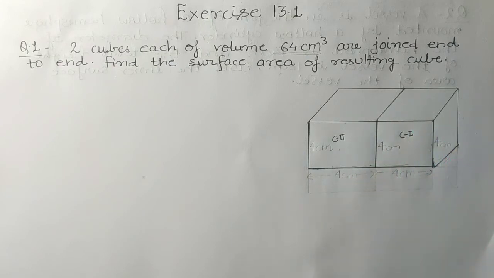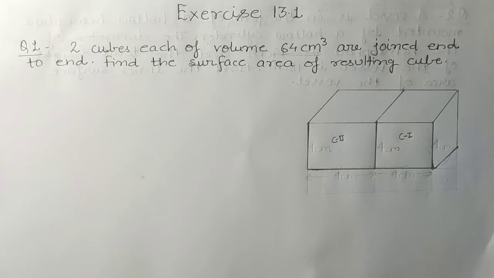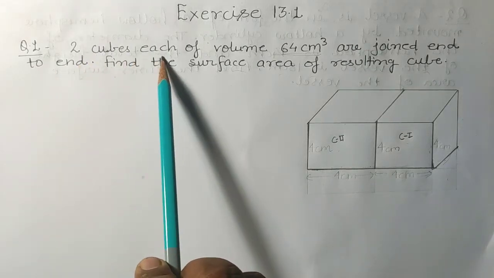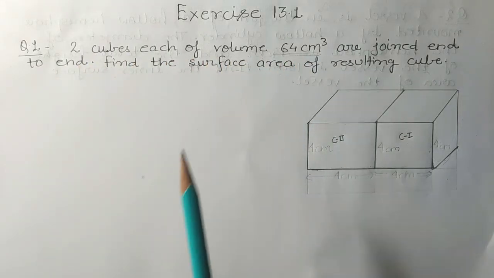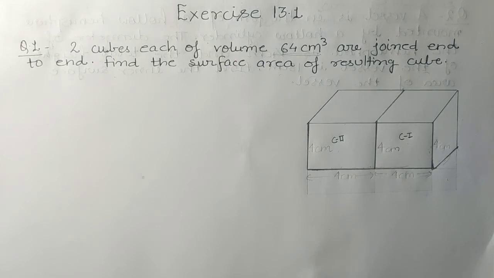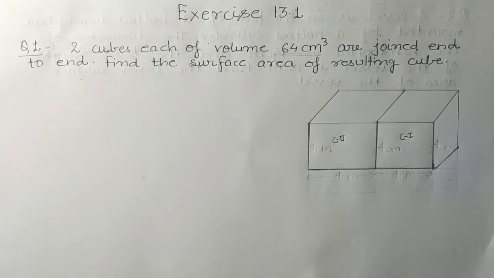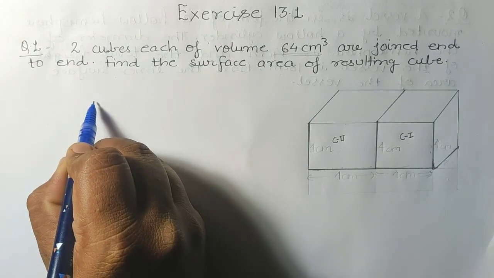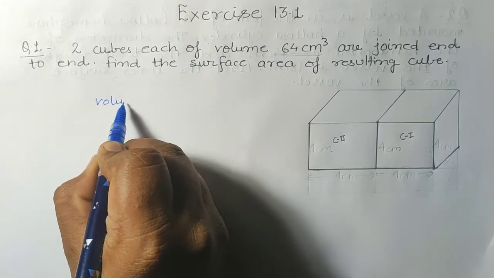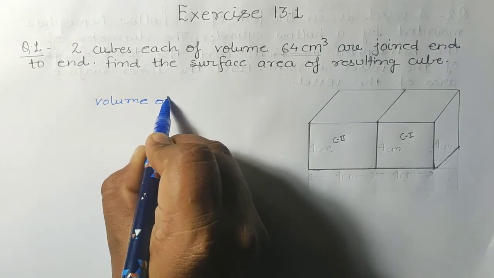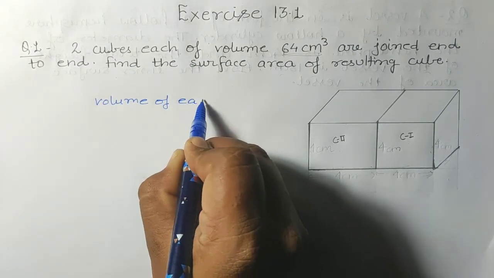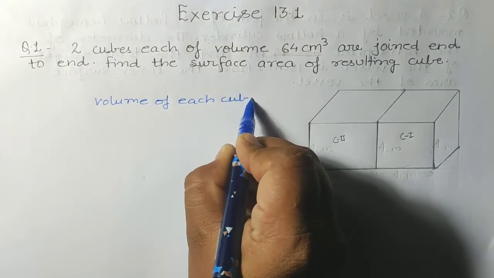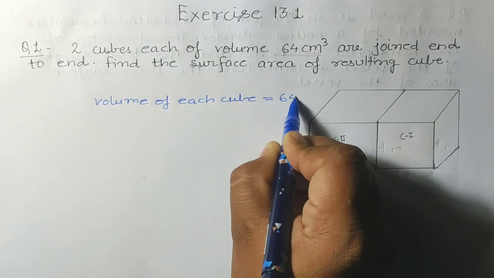Okay, but before that, in this question it is written that two cubes, each of volume 64 centimeter cube. So firstly we are going to calculate what the edge of a cube will be. Here we'll write: volume of each cube is given as 64 centimeter cube.